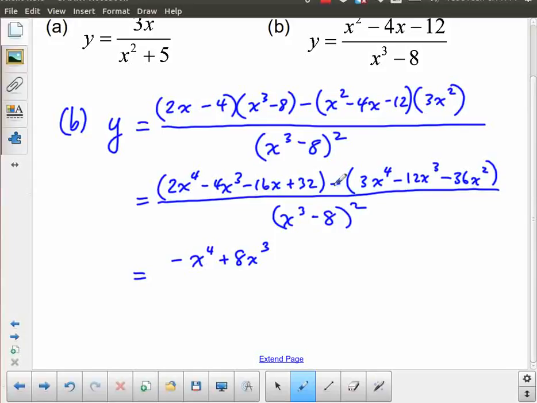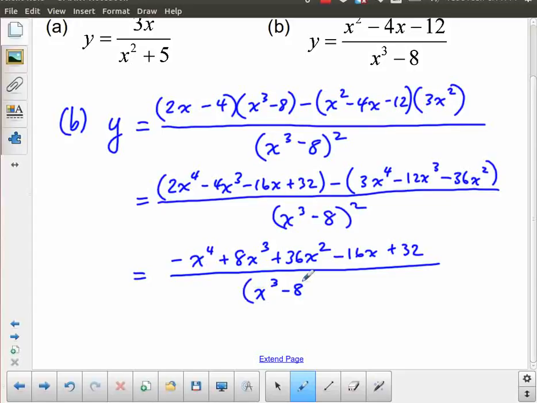I have negative of negative 36x squared, so that's plus 36x squared. I have minus 16x, and I have plus 32. And that is all divided by x cubed minus 8 all squared.